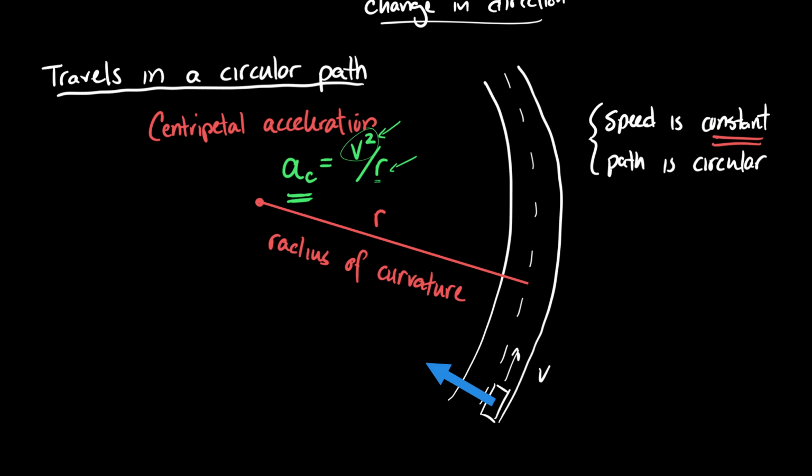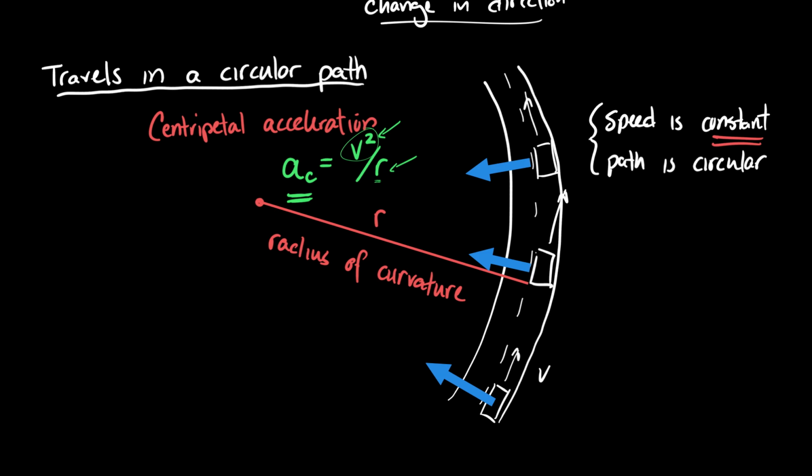So as a car turns, its velocity changes direction but doesn't change size. That means the acceleration also has to change direction, because the car's acceleration is always going to be perpendicular to the velocity.